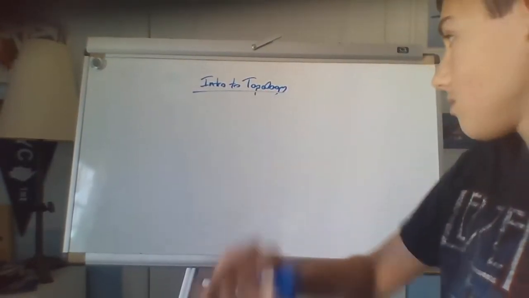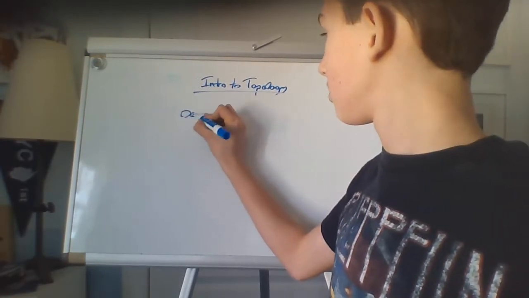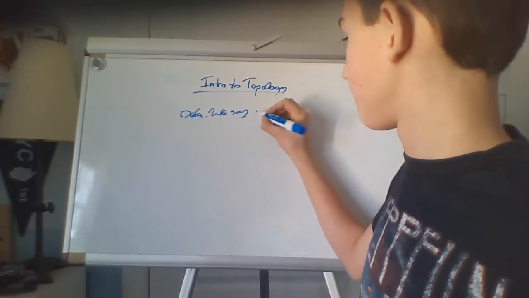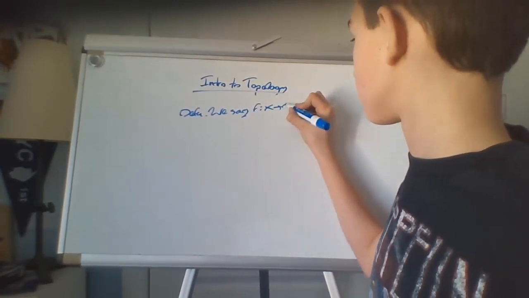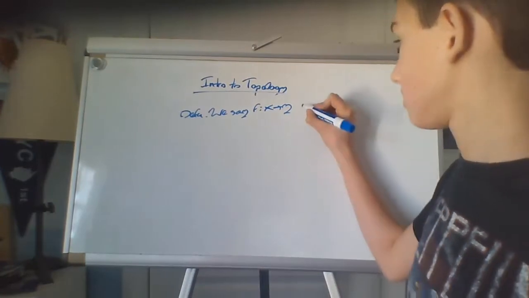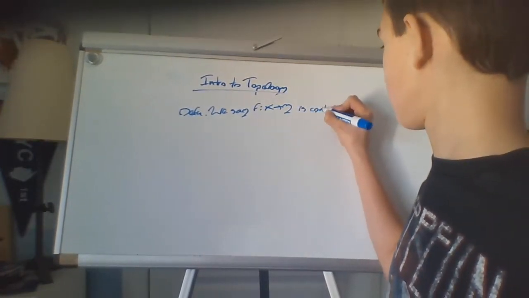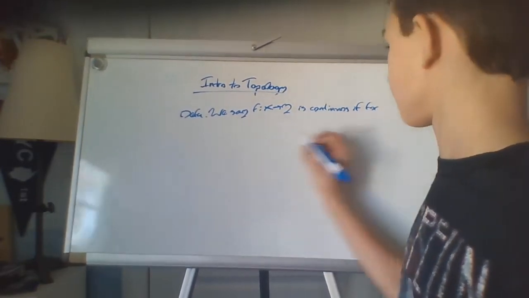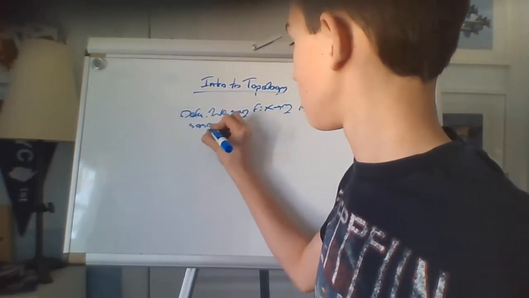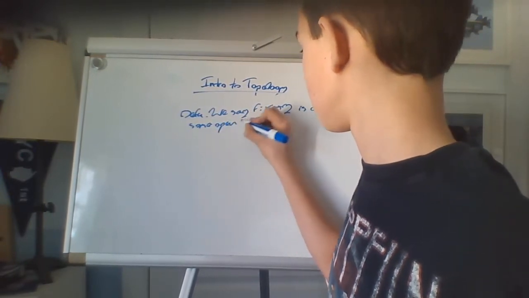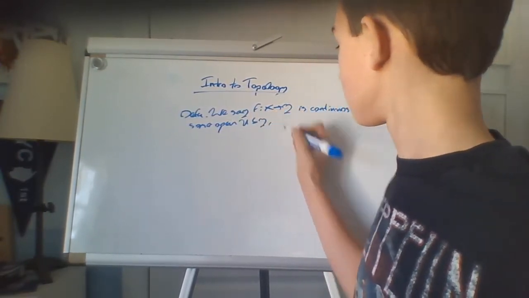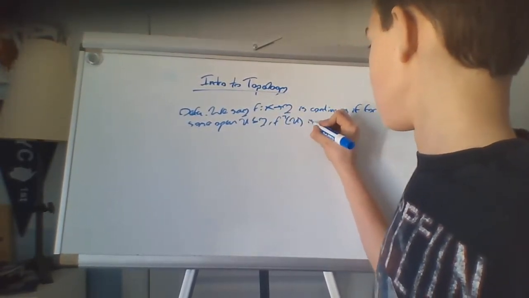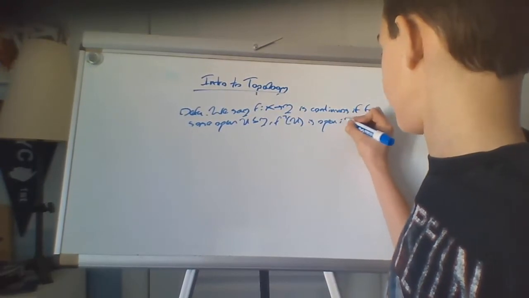So we say f from X to Y, where X and Y are two topological spaces, is continuous if for any open set U contained in Y, the preimage of U is open in X.